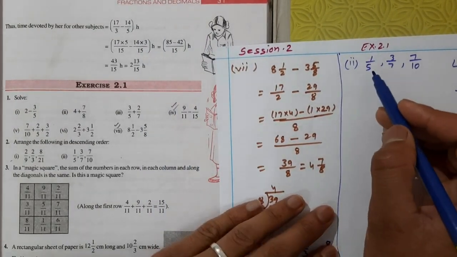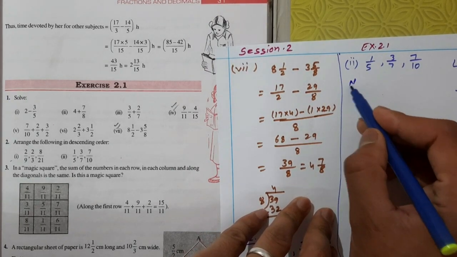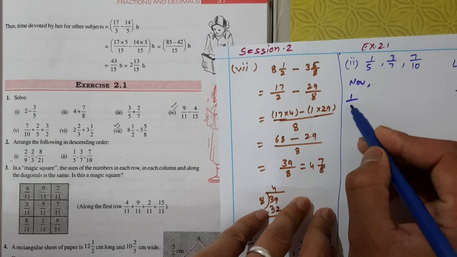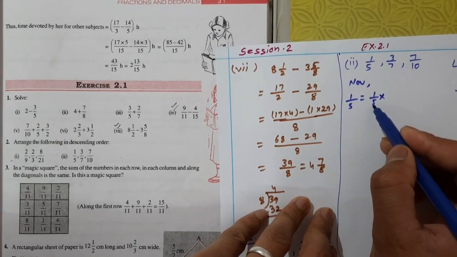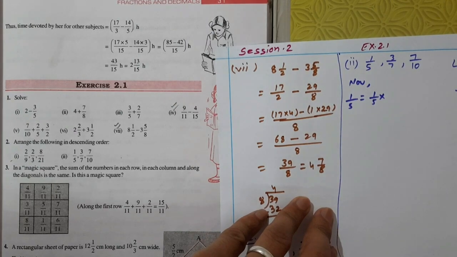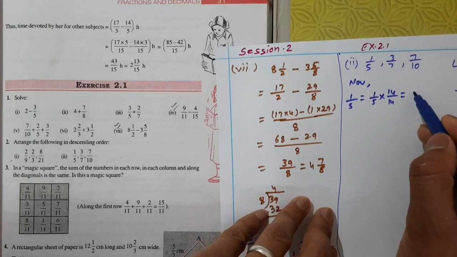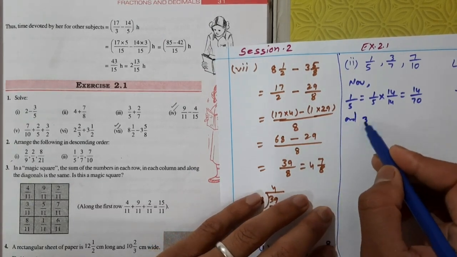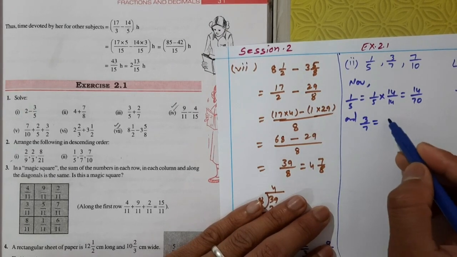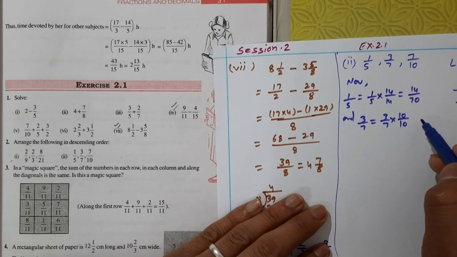Now we have to make every denominator 70. So 1/5 into 14/14: to make 5 into 70 we multiply by 14, so 14/70. And 3/7 equal to 3/7 into 10/10.